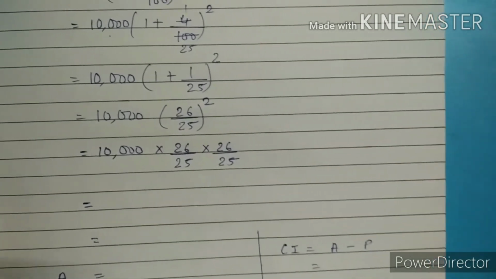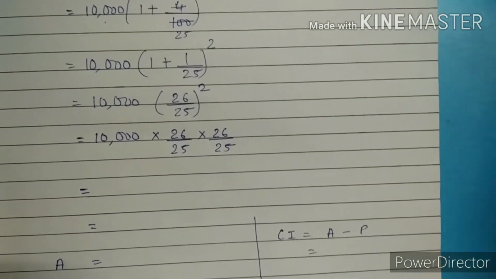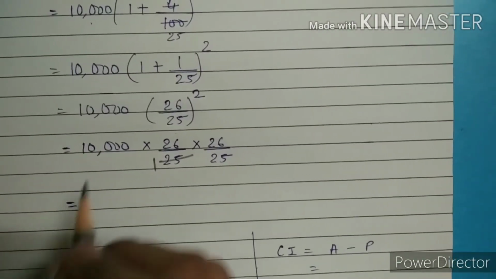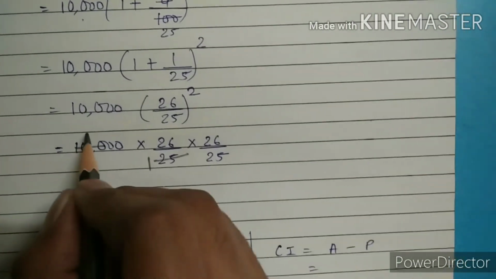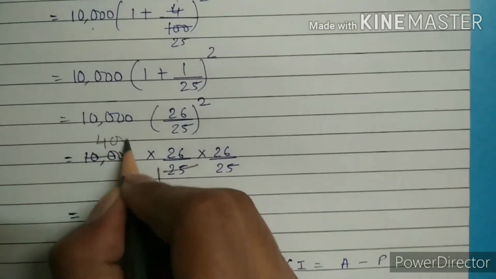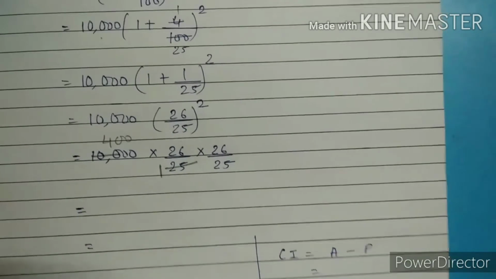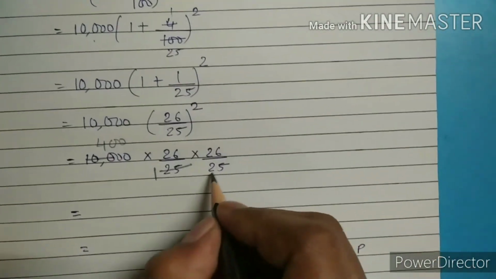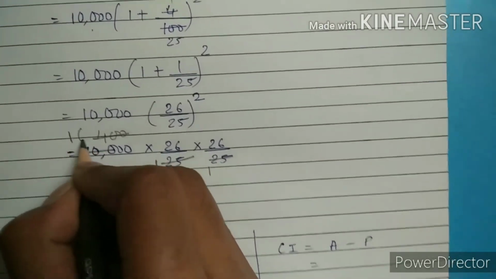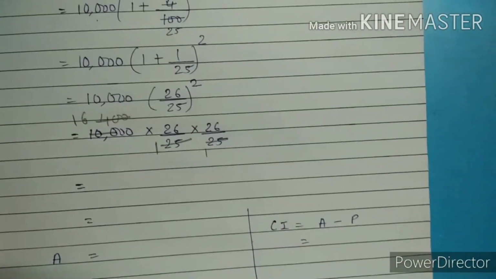Now we have to reduce 10,000 with the help of 25. Just look at it properly. 25 1 is 25. 25 4s are 100 and this 00 will come as it is. Now again 400 will reduce from the table of 25, 16 times. So what will remain here?